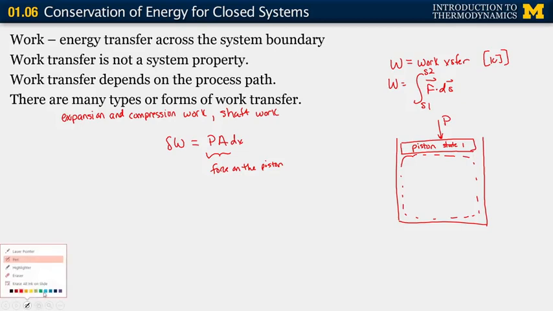I'll try and draw that in another color so we can highlight that. So we can see that there's been a volume change in the gas or the fluid within my little chamber here from state 1 to state 2. We can see that the volume at state 1 is larger than the volume at state 2.